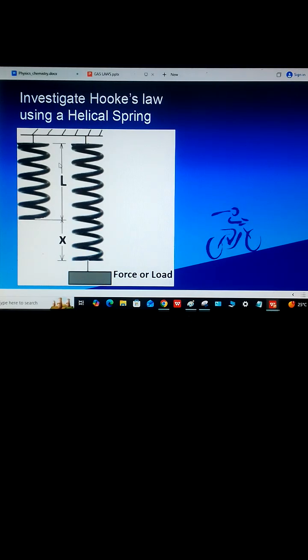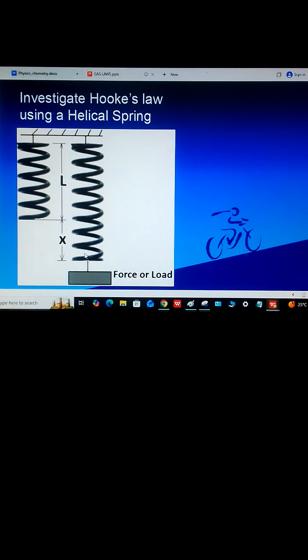Now, in this case, we want to investigate Hooke's law using a helical spring. This is the helical spring. Its length is L. From here to here it is L. And then, when a force or a load is exerted on this spring, it stretches. There is an extension.